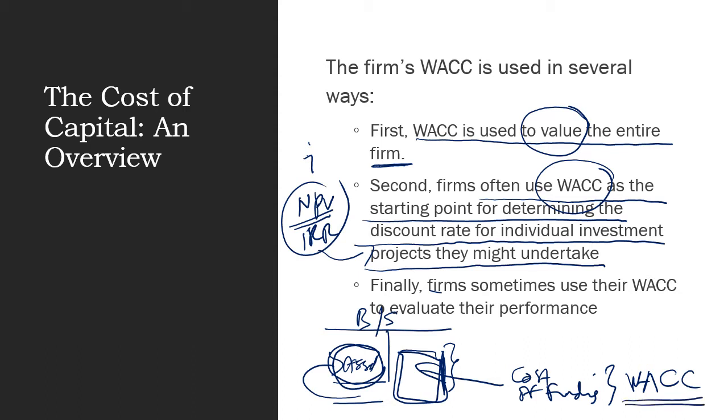That's why the second use of the WACC is to determine the discount rate for the capex decision. Finally, WACC is also used to evaluate the performance of the company.